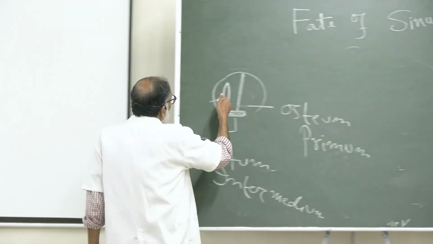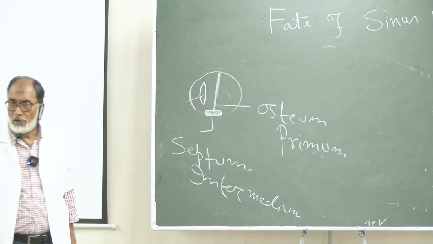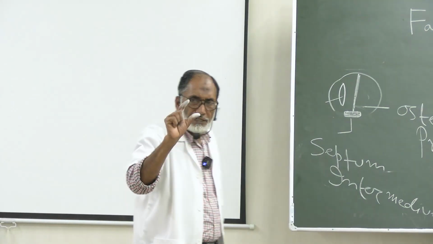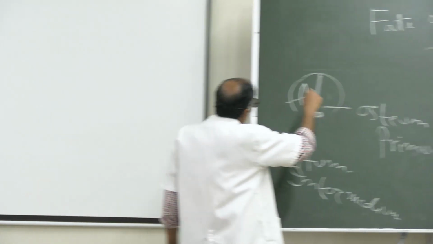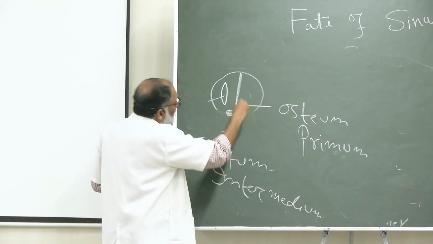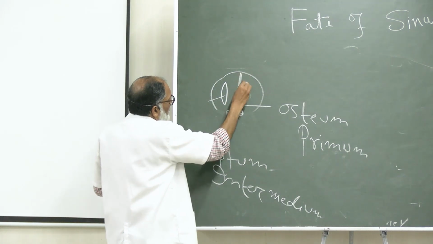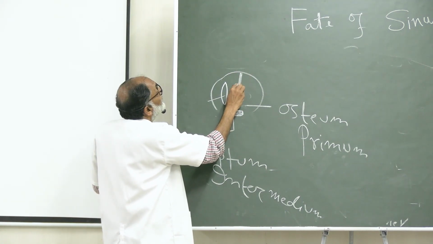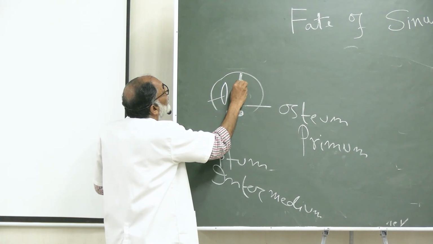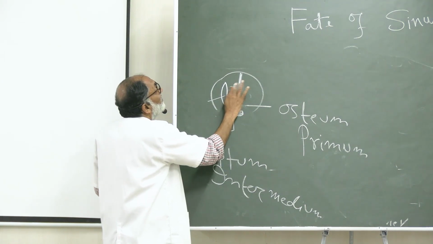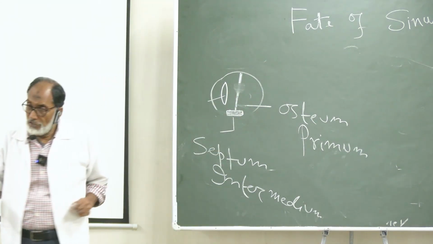Now to allow the passage of blood from right to left, another foramen is necessary to develop. That will develop at the upper part of the septum primum. Some cells undergo natural death, apoptosis, and here one foramen is formed.